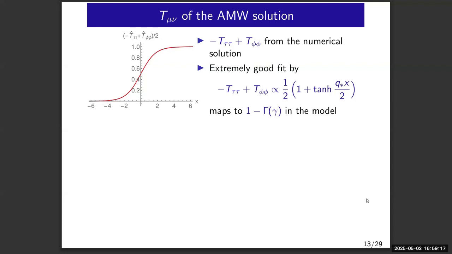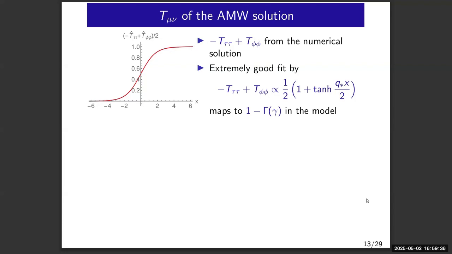And it turns out that you can get an extremely good fit to this data by this simple hyperbolic tangent ansatz. And this essentially maps this quantity in the extended hydrodynamic model.